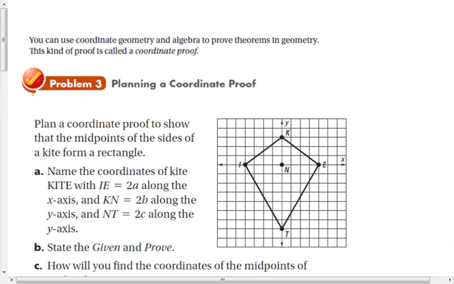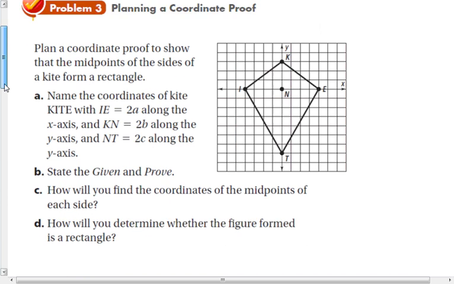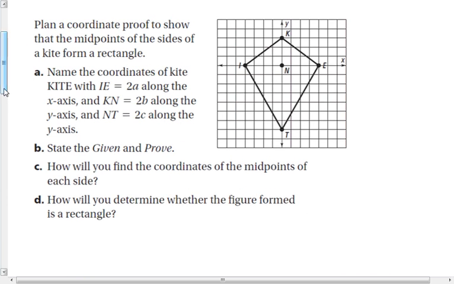All right, you can use coordinate geometry and algebra to prove theorems of geometry. This kind of proof is called a coordinate proof. And we're just going to learn how to plan that here. So in this problem, we're asked to do 4 things. First of all, we want to name the coordinates of a kite with IE equal to 2a along the x-axis. KN is equal to 2b along the y-axis.